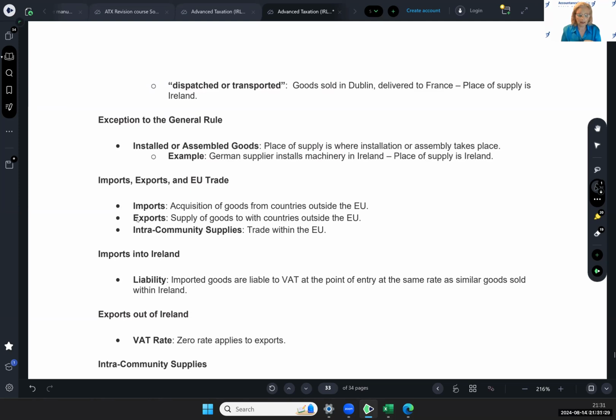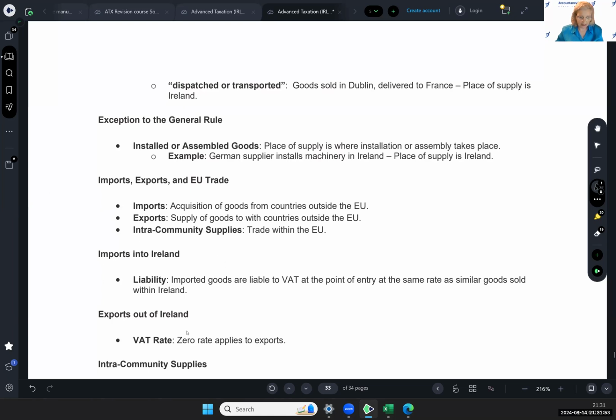And most of the large proportion of the VAT laws in each country actually come down from the EU by way of regulation or directive. So that's why it's important what country we're buying and selling to and from.